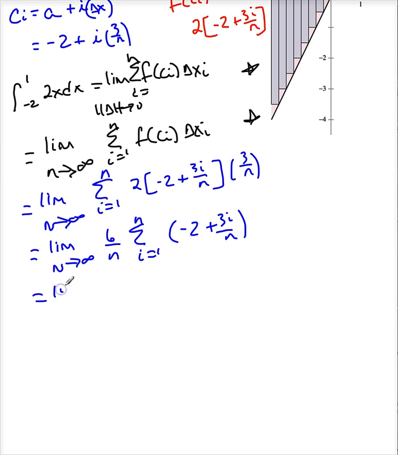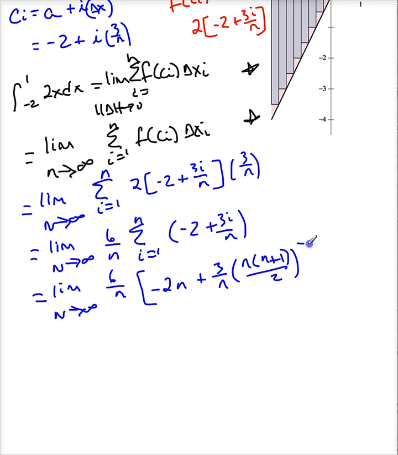So this is the limit as n approaches infinity of 6 over n times, now this is going to be negative 2n plus 3 over n times the sum of i, which you remember is n times (n plus 1) over 2.